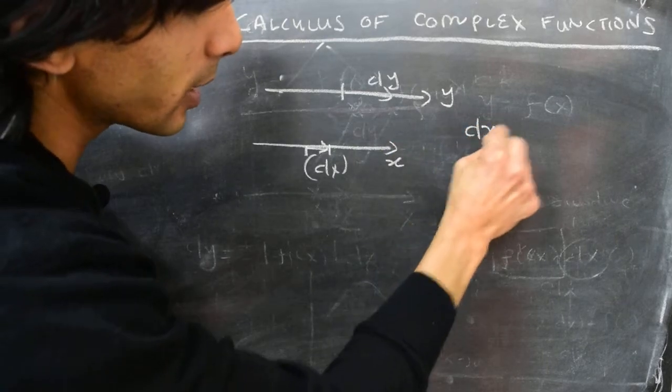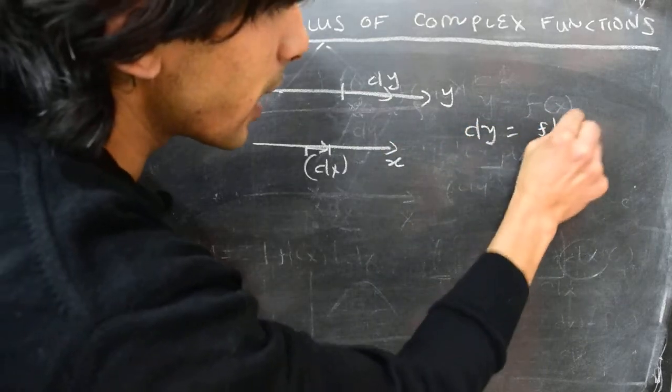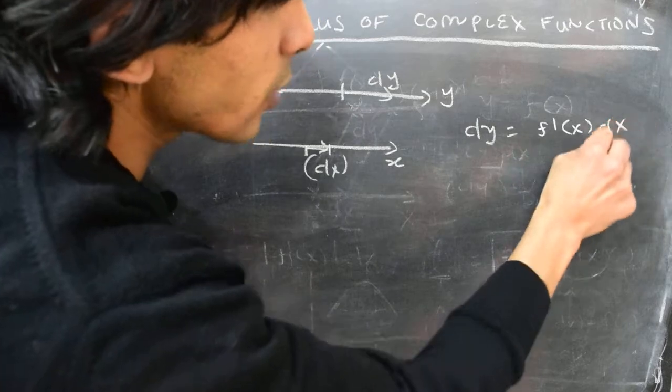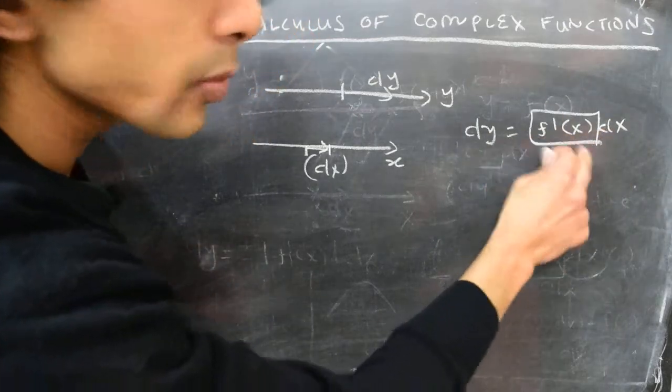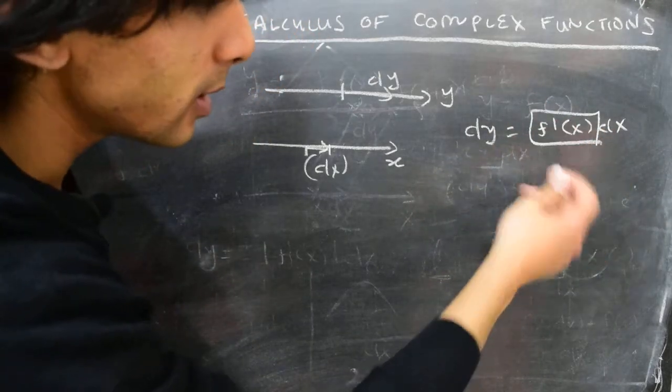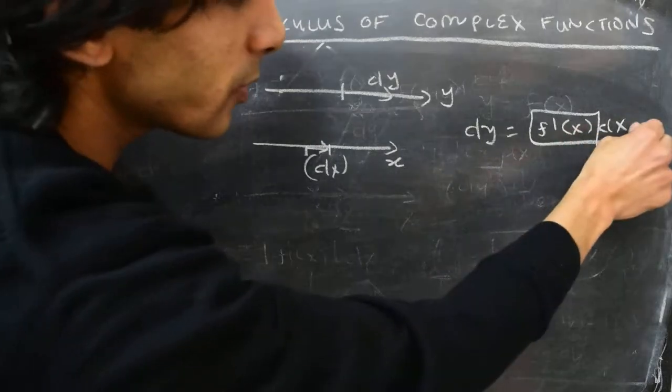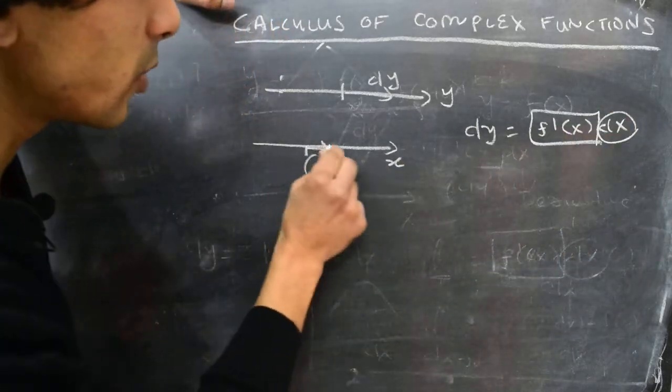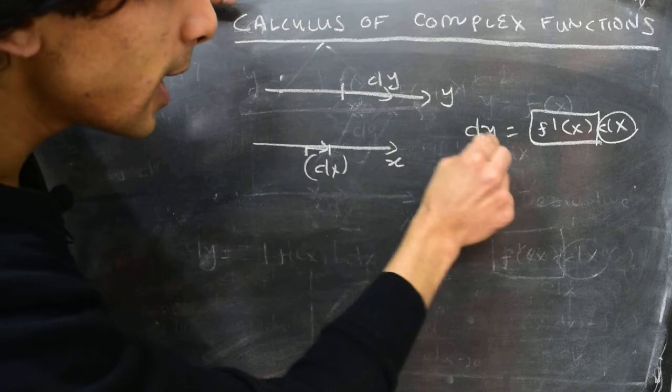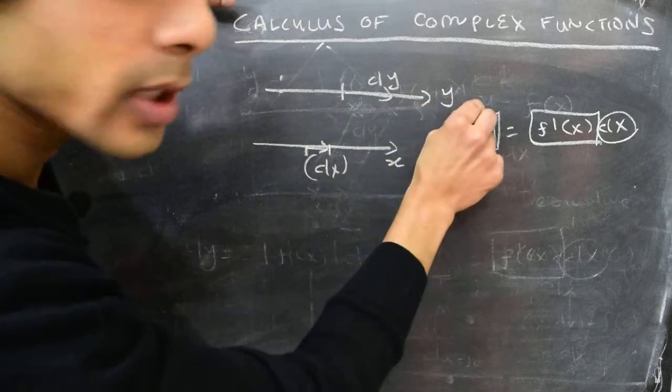So dy is f prime x dx, and so f prime x is the derivative, which we define as the real number with which we must multiply the infinitesimal arrow dx along the x-axis in order to get the image arrow dy along the y-axis.